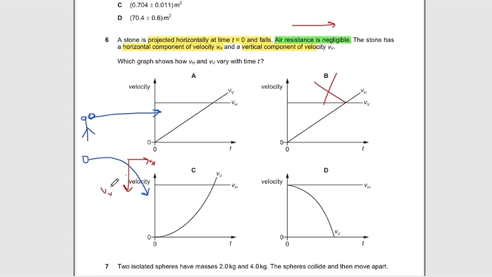Now let's take a look at the vertical. Now we know it will come in this direction, and so this is our vertical velocity, right? As it's going down, there is no opposing force like air resistance decreasing its resultant force.